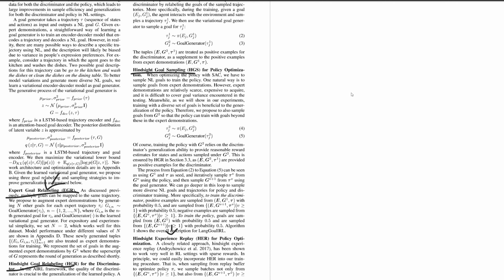First, expert goal relabeling, or EGR for short. So what EGR does is it happens before training. And we essentially go through all the expert examples, because remember, this is inverse reinforcement learning, so we're trying to learn a goal from examples we've been given. And these are examples of someone doing the task we want to achieve, like checkmating a king.